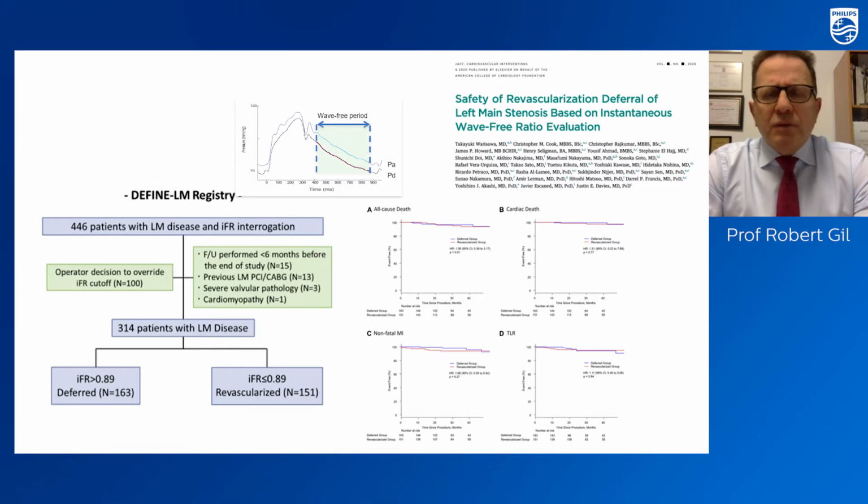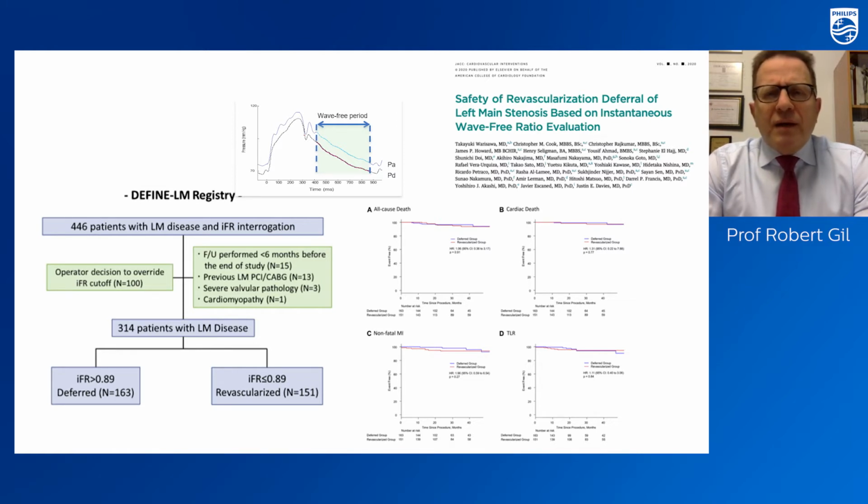This is very important because it is very rare, in less than 5%, that solely the left main is involved in atherosclerosis. Usually we have many more lesions in the LAD and circumflex arteries.